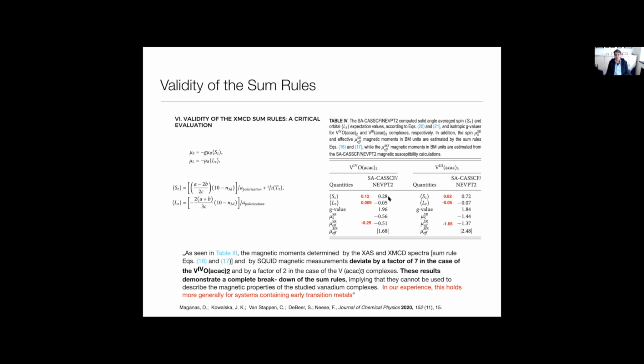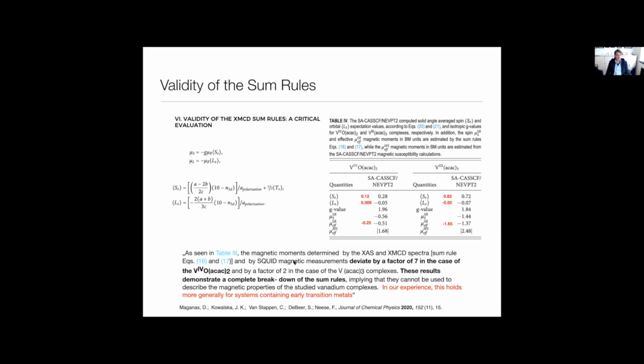And as you see, the sum rule is not very good; it even gives the wrong sign of the orbital moment in the case of VO(acac)2. It's basically rather inaccurate.